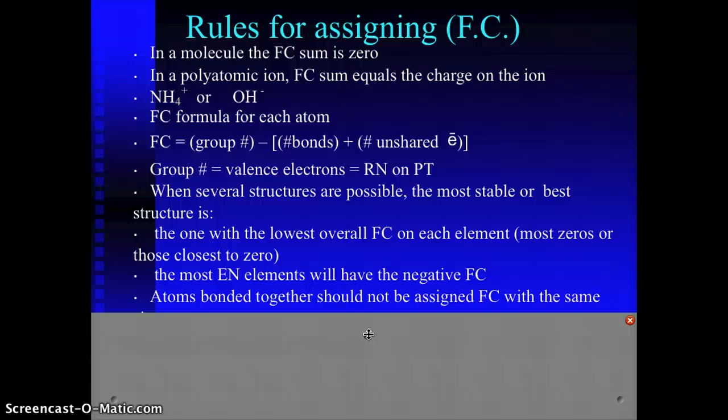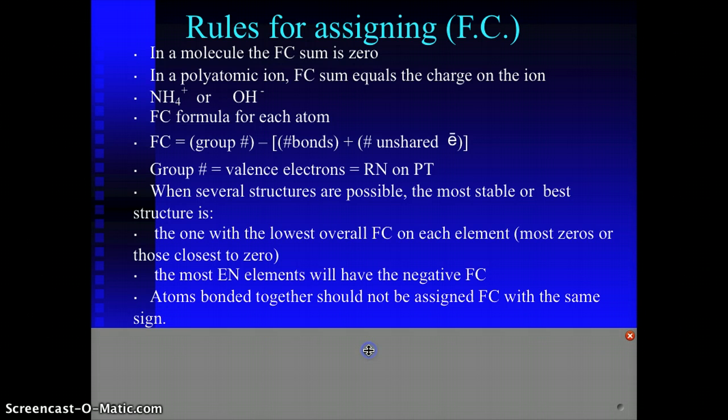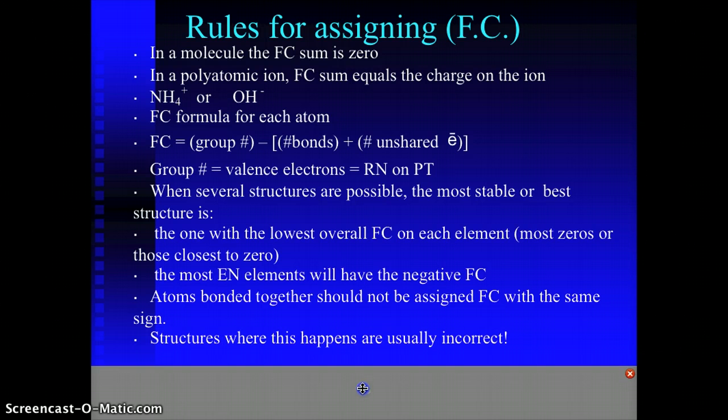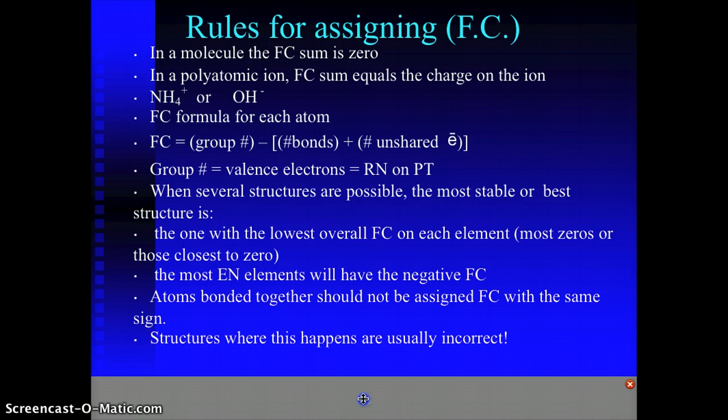The most electronegative element should have a negative formal charge. Now, one other thing, atoms that are bonded together should not have formal charges with the same sign. So two atoms should not have positive charges together if they're bonded to each other. All right, and structures where this happens are usually incorrect.